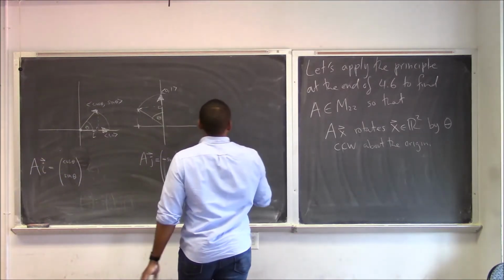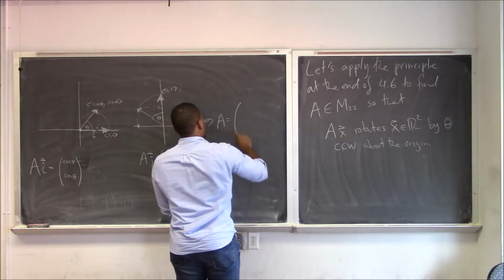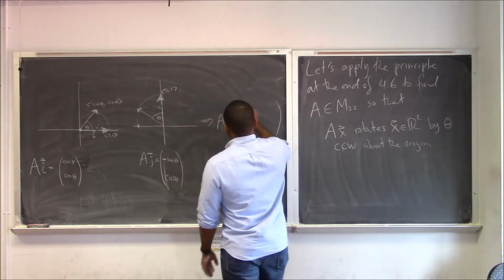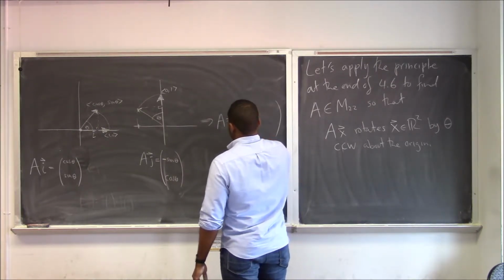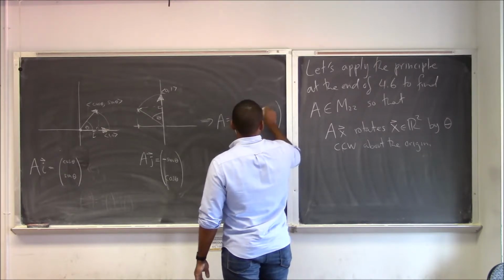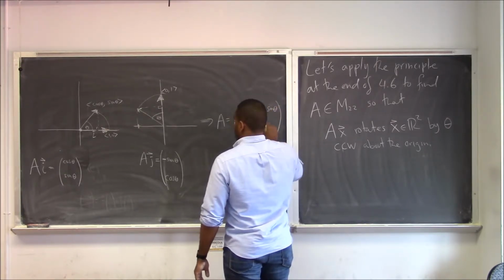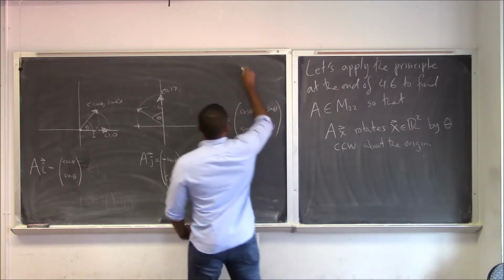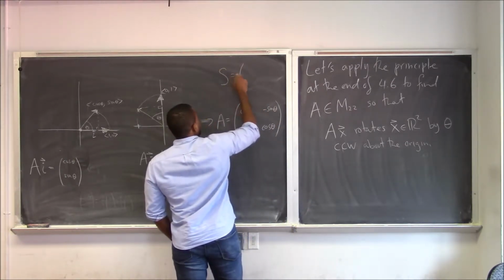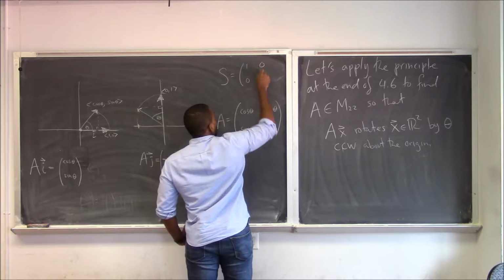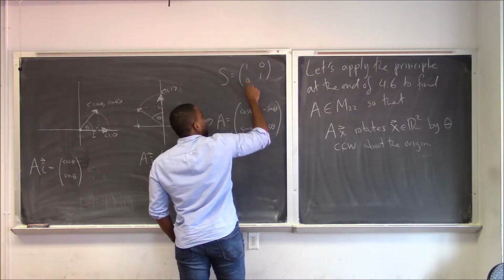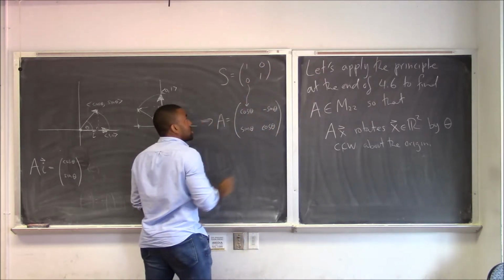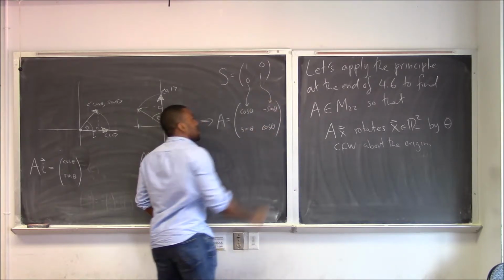This means, here's the matrix that I need: cosine theta, minus sine theta in the first row, sine theta, cosine theta in the second row, with columns (cosine theta, sine theta) and (minus sine theta, cosine theta). I went from the standard basis, that's 1, 0, 0, 1. I simply change the first basis vector to that, and the second basis vector to that.